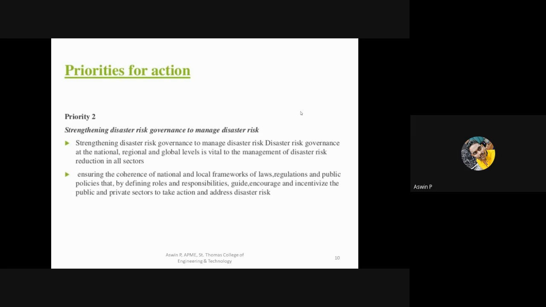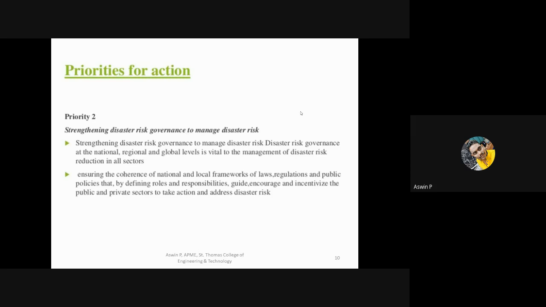We should have coherence of national and local frameworks of law, regulation, public policies, and defined roles and responsibilities, to guide, encourage and incentivize the public and private sectors to take action and address disaster risk. This is a very important thing. We need to strengthen disaster governance after identifying the disaster risk.